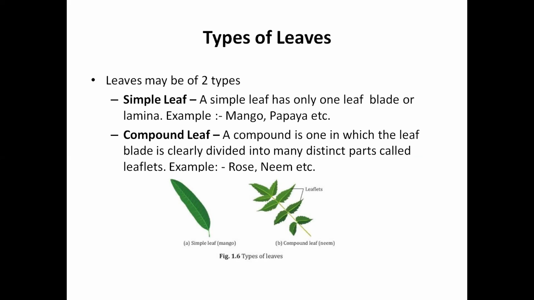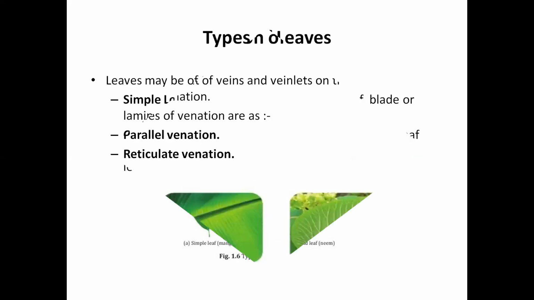The other one is the compound leaf. A compound leaf is one in which the leaf blade is clearly divided into many distinct parts. We call them leaflets. An example is the rose. Next is venation of leaf.